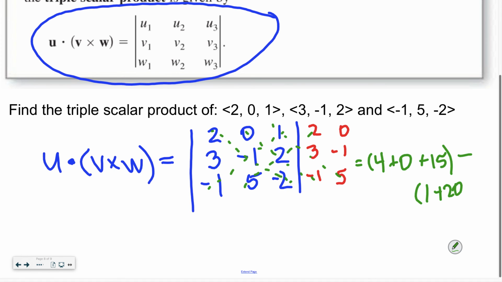Okay, I thought I heard 40. Plus 0. So we have 19 minus 21. Our triple scalar product is negative 2.